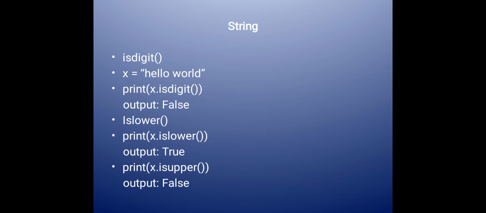If all the letters are capital letters, then the output will be false. And also if even one character is in uppercase, the output will be false. Then print x dot isupper. Output is false because in our string all letters are lowercase.